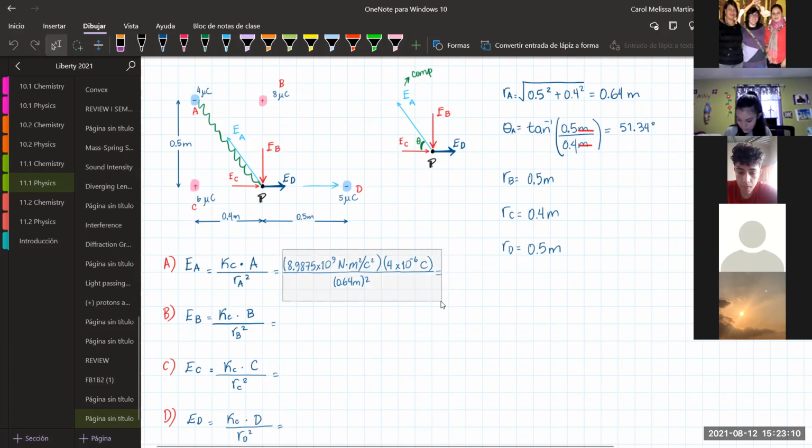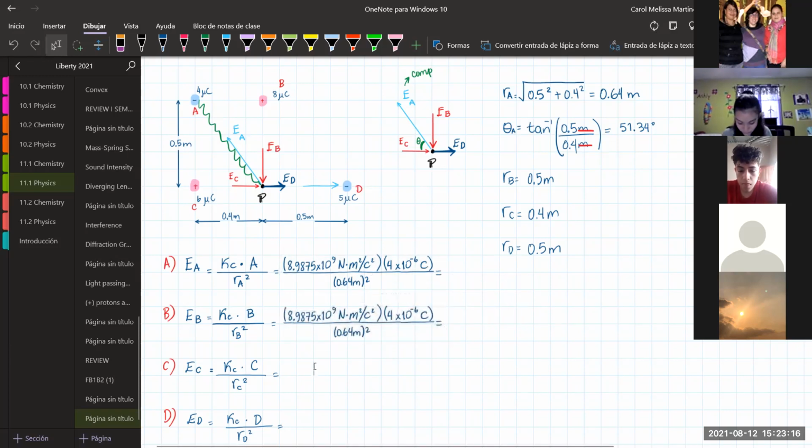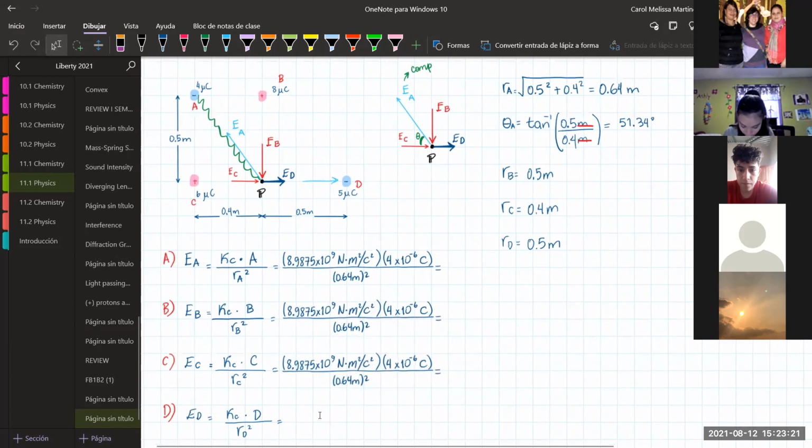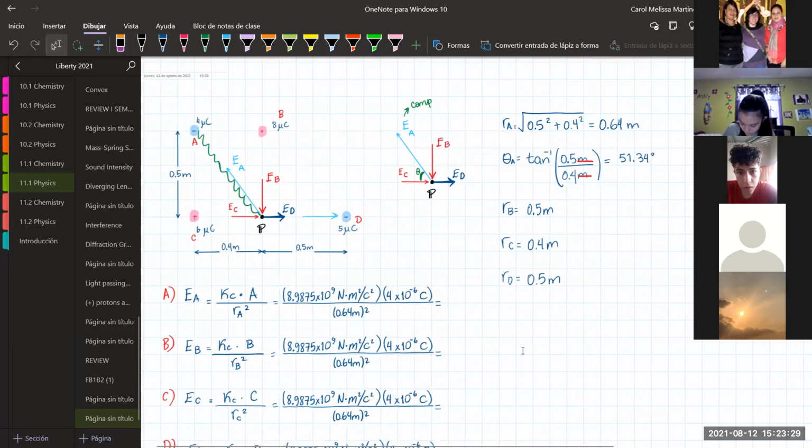And you know the lazy teacher is going to copy and paste as usual. I'm just going to do every single change that I need, okay? So in this one, the particle B has a charge of 8 microcoulombs.